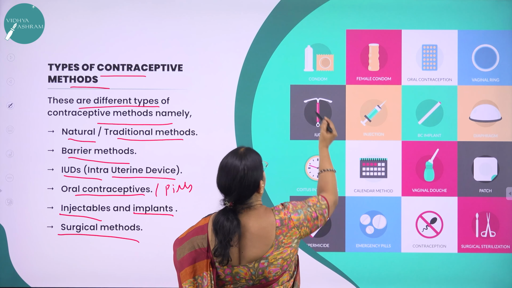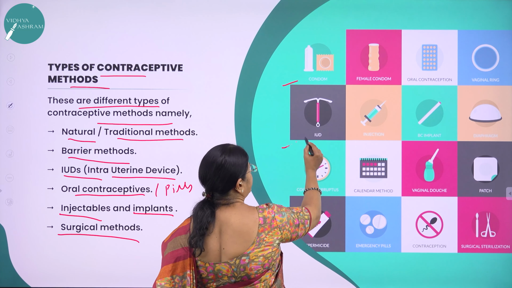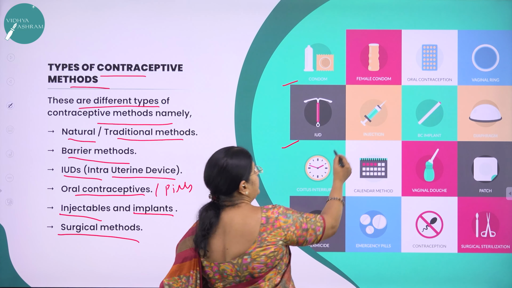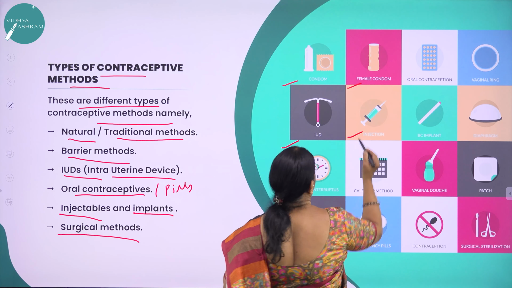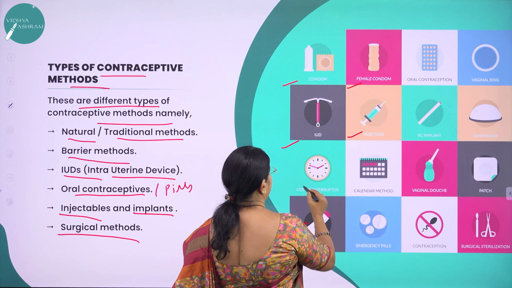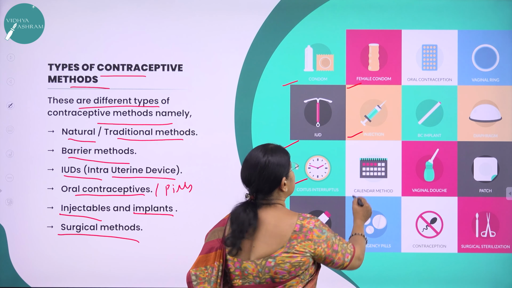Here you can see the condom, then the intrauterine device like the copper T, then the injection, female condom, then the spermicides, coitus interruptus, calendar method.